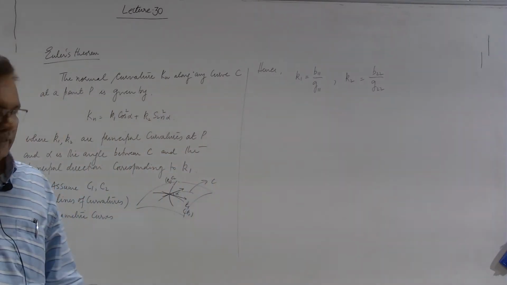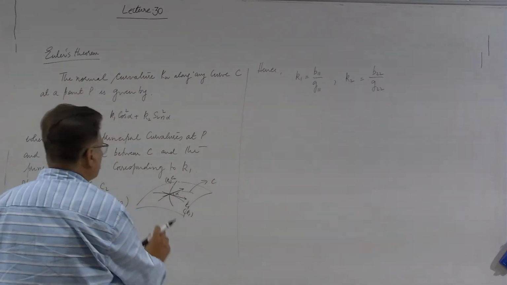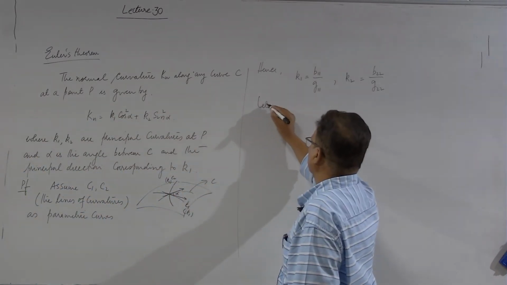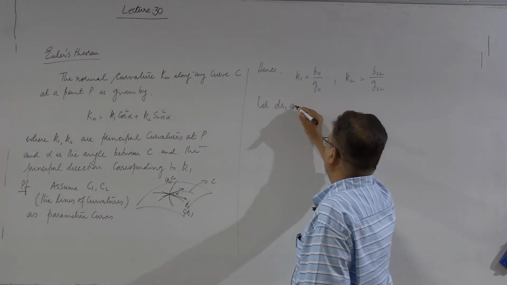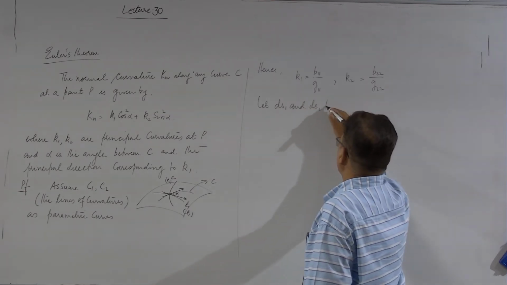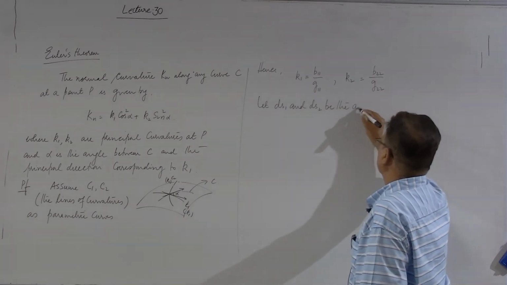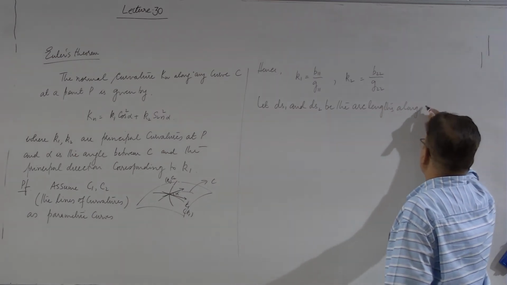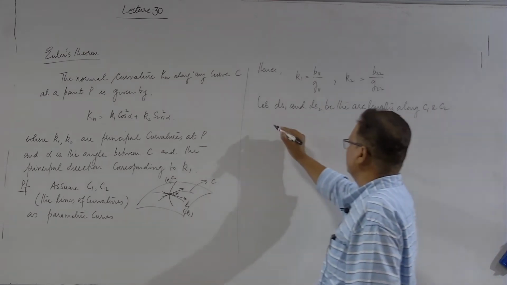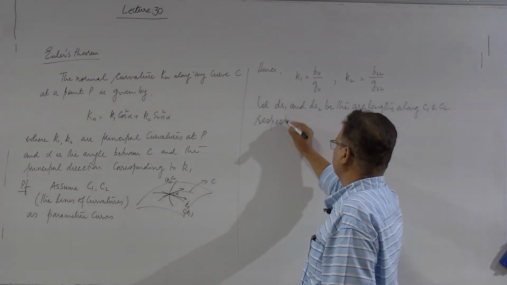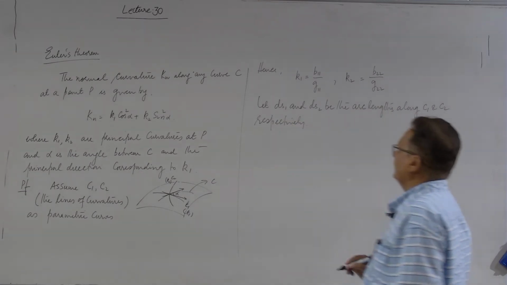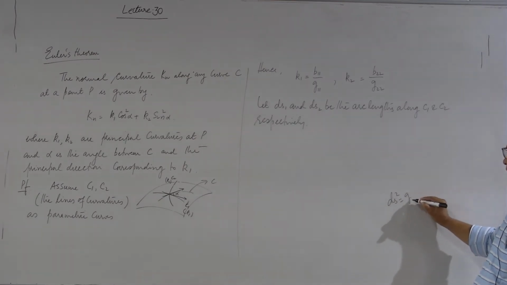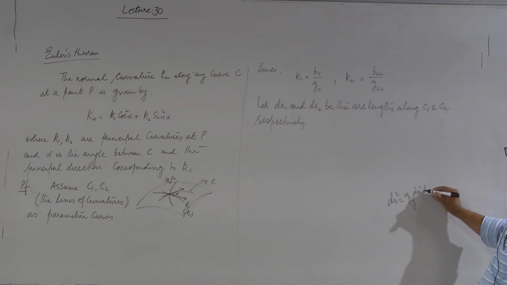All right. Let ds1 and ds2 be the arc lengths along C 1 and C 2 respectively. By the first fundamental form, ds square equals g i j dui duj.